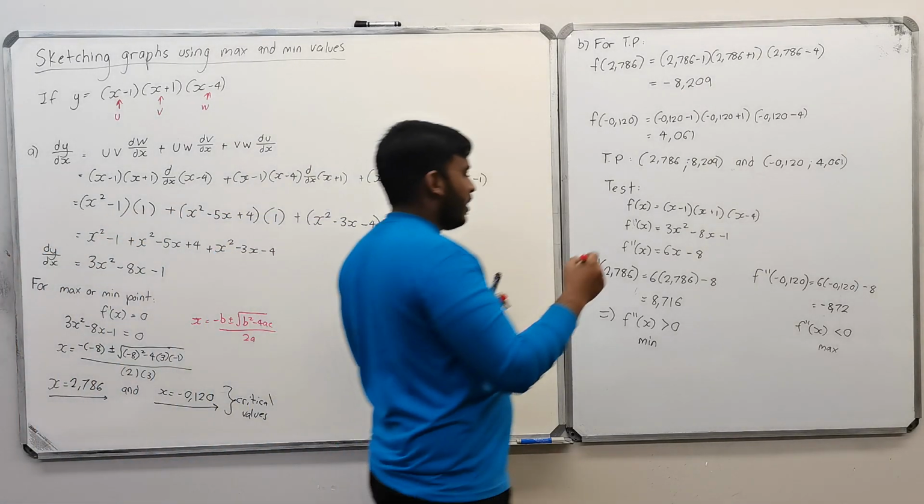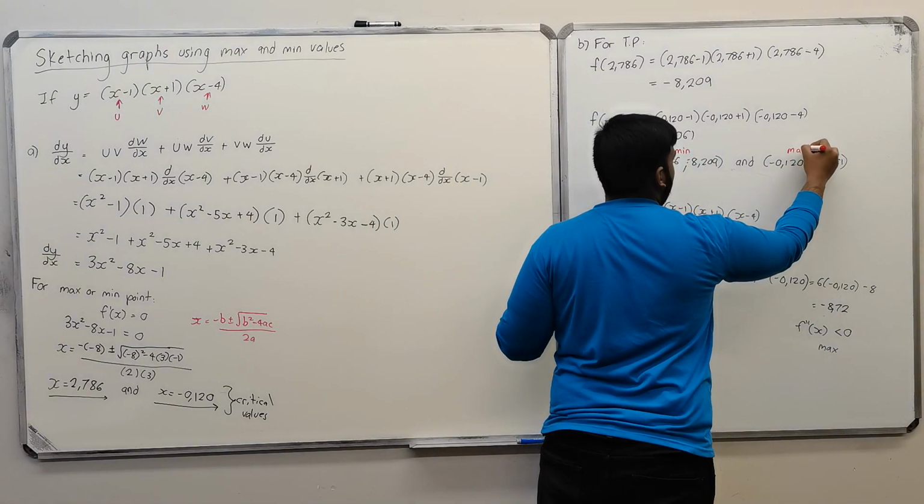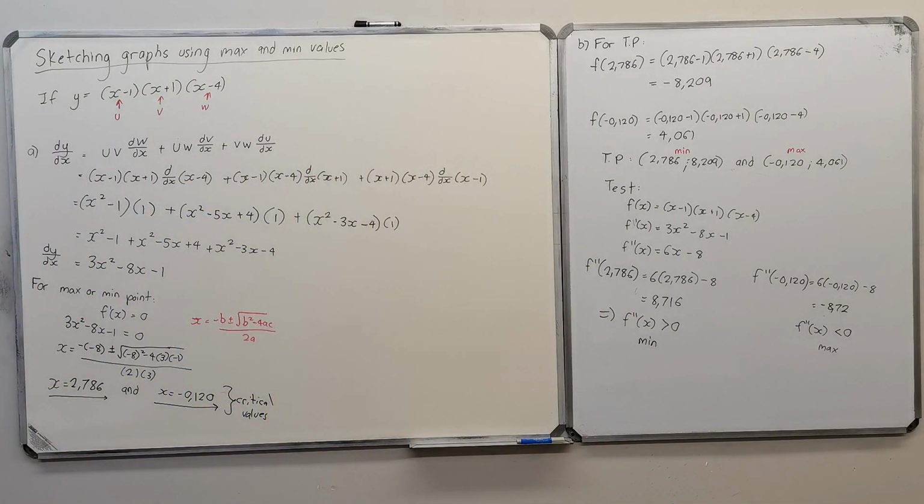Anybody confused over anything? So this would be a minimum turning point, this would be a maximum turning point. Cool? Anybody confused? It's exactly like how we did it last week. It's just that everything is together now. It's like one question. Okay?